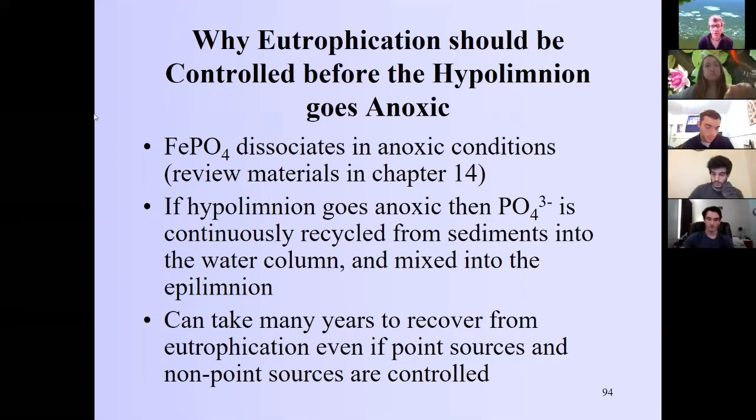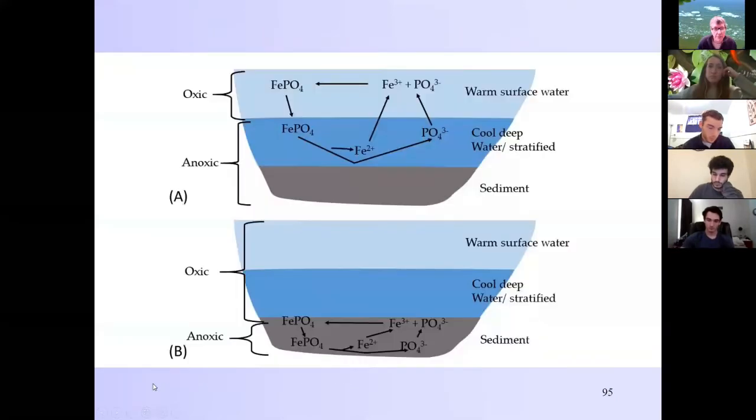This is one of the true thresholds in biology, and it's driven by a very basic chemistry that's quite straightforward. So this is a review. This came up when we were talking about the iron cycle. On top, we have the hypereutrophic lake.